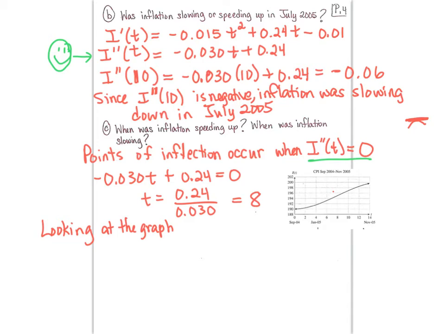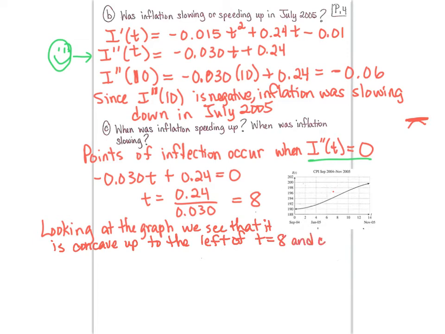Okay, so looking at the graph, let's just write that out. So looking at the graph, we can now say we see that it is concave up to the left of t equals 8 and concave down to the right.